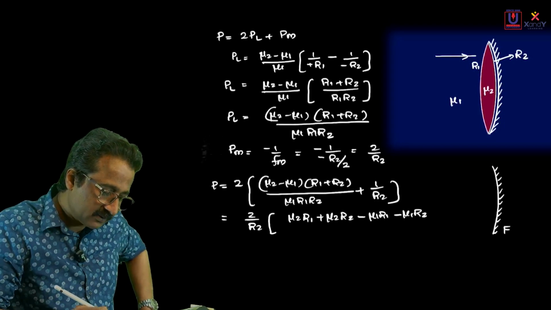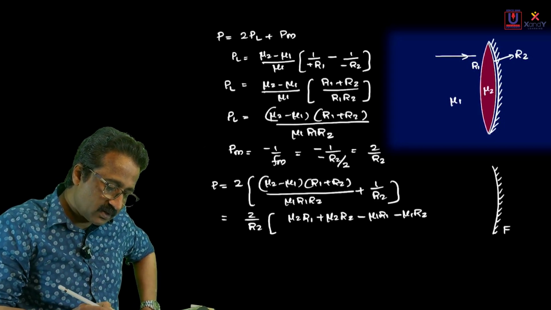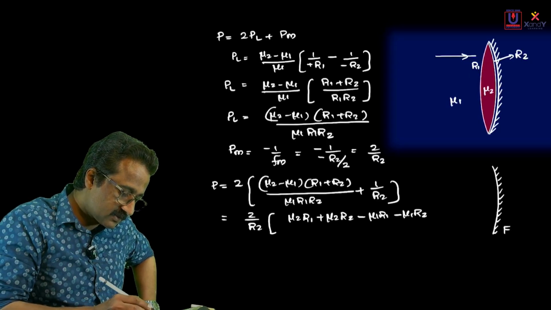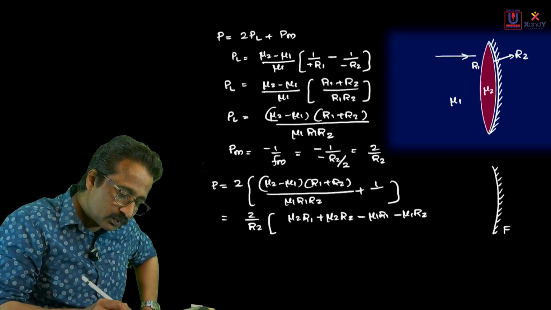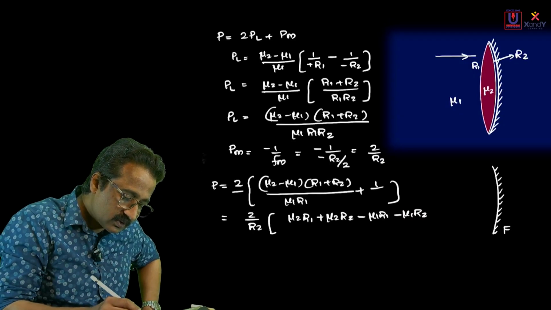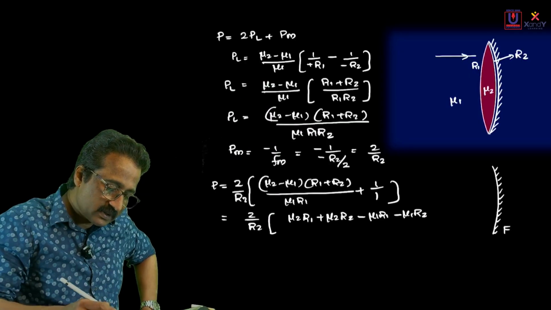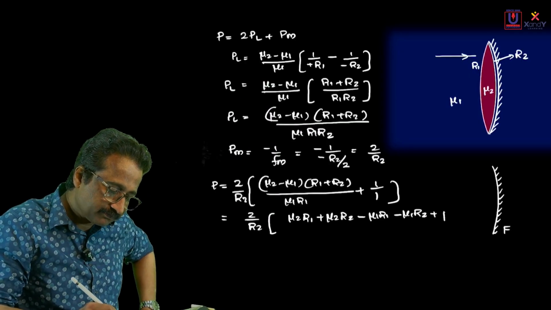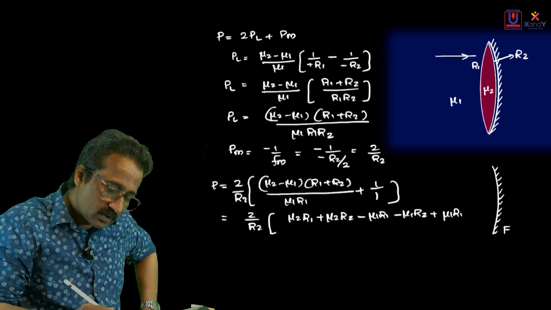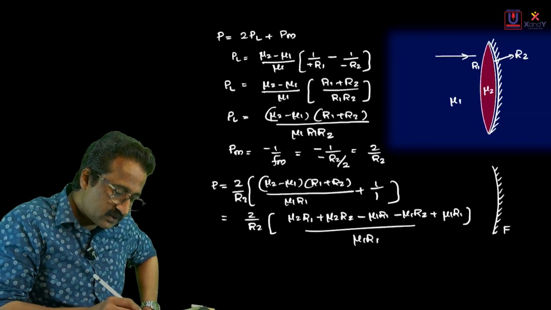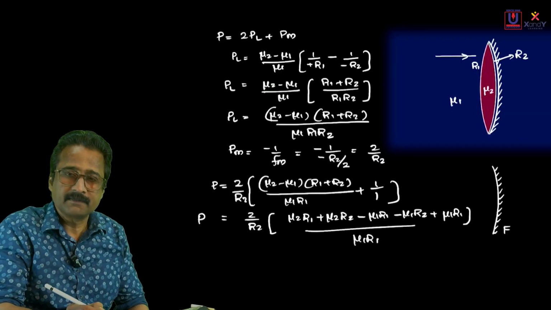Now I am adding it because the 2 by R2 is taken common. I'll just make this R2, so plus 1. This is equal to plus mu1 R1, divided by, finally, mu1 R1. This is the total power of the system.